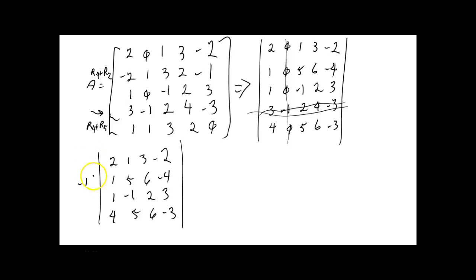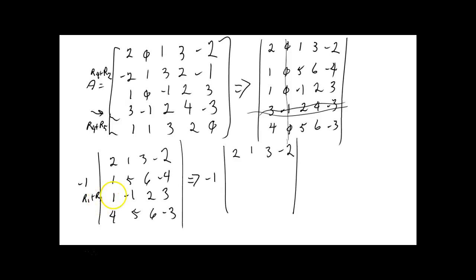So let's do row 1 plus row 3. Okay? Now don't forget you got a -1 there. Okay? All right. So we're using row 1, 2, 1, 3, -2. And right now we're not going to mess with row 2.